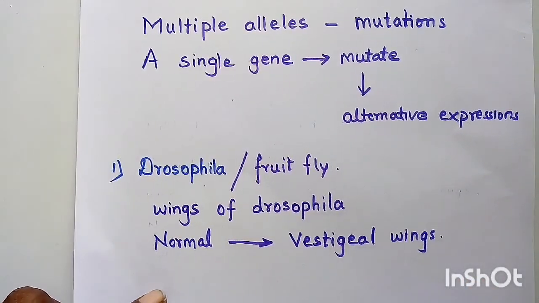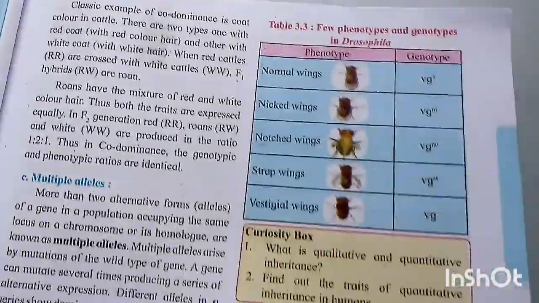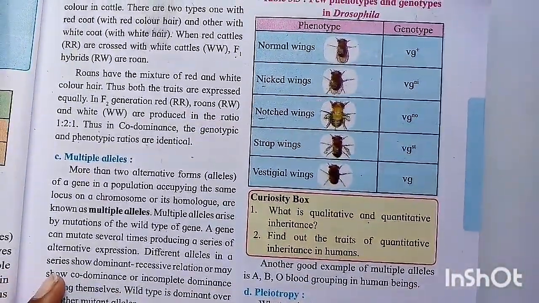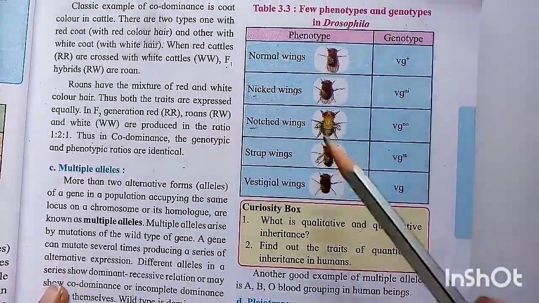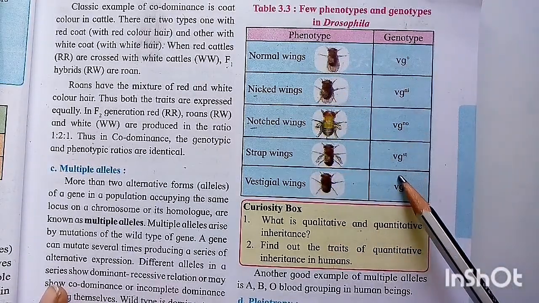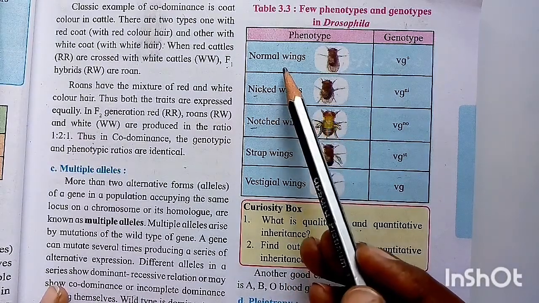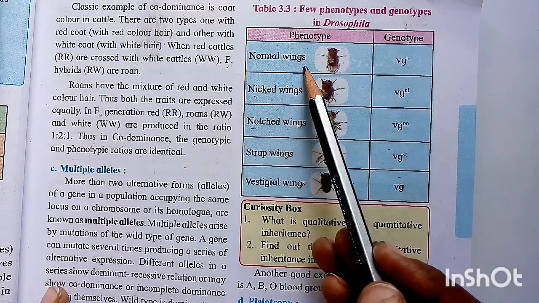What are the different forms of wings that can be seen in a Drosophila? We'll see it with the help of a table. Now in this table we can see the different phenotypes as well as the genotypes for the wings of Drosophila. The first type is normal wings.